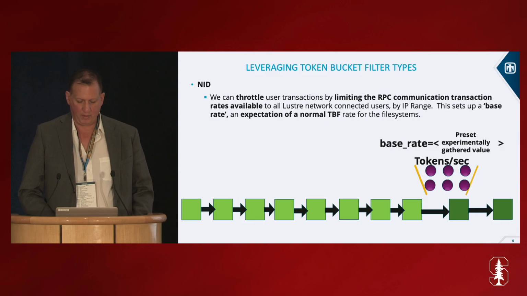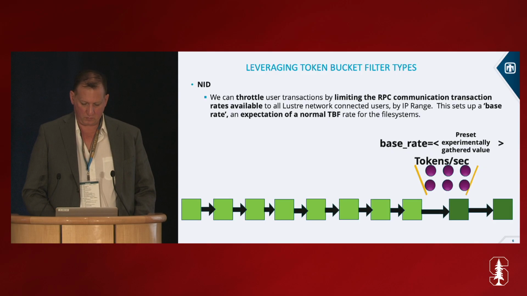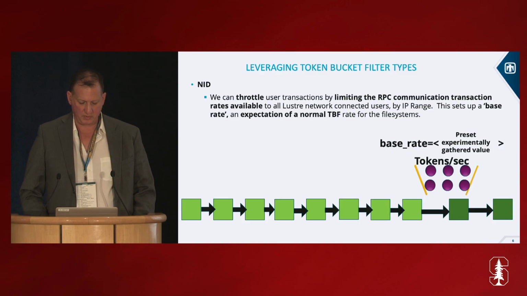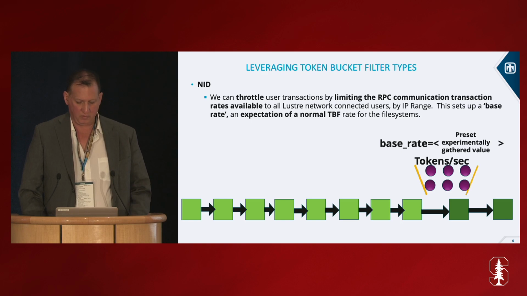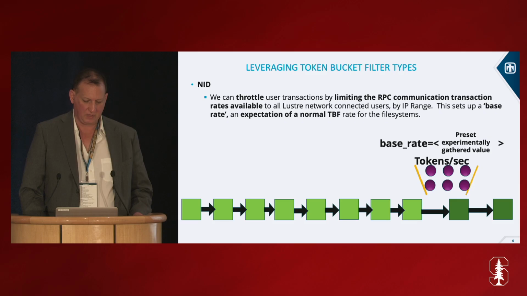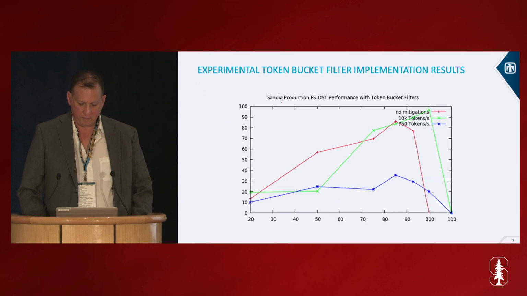We ended up with 1,000 tokens per second, and that was for a disk-loaded back end. And then we would have a range of gateways and compute nodes responding at that rate to the MDS and the OSS servers.